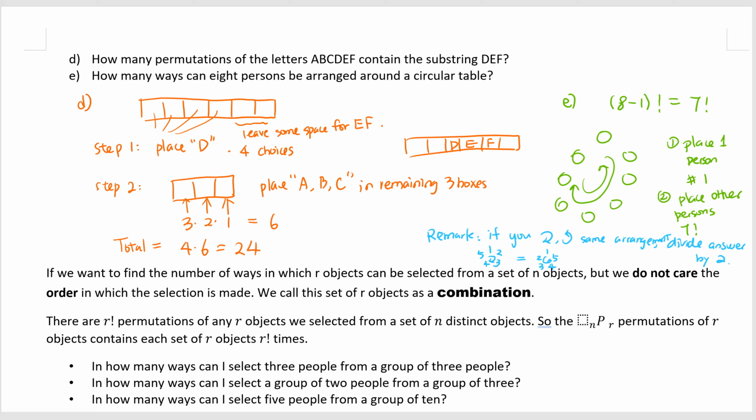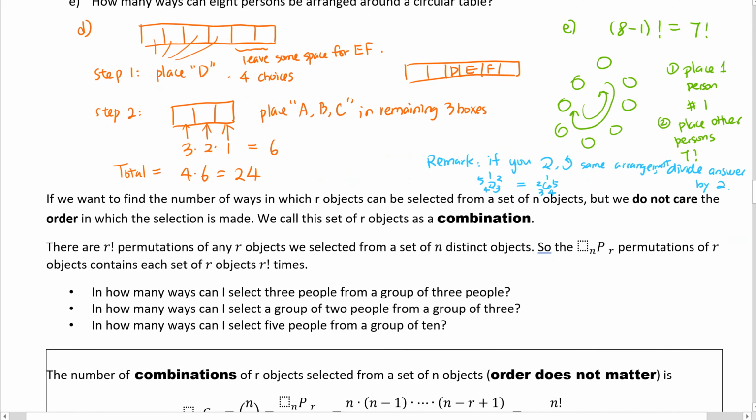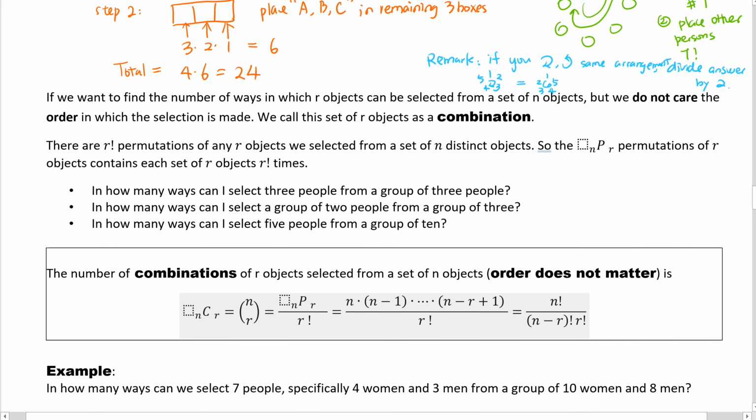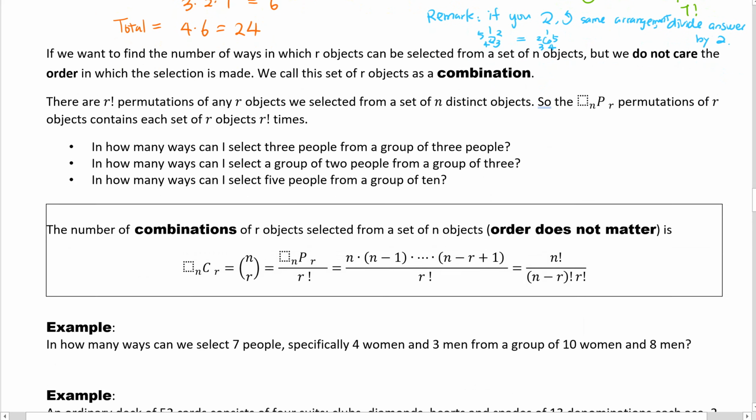In our textbook and homework, if I didn't say we consider clockwise and counterclockwise as the same arrangement, I mean we think they are different arrangements. So far so good, everybody? Okay, next.